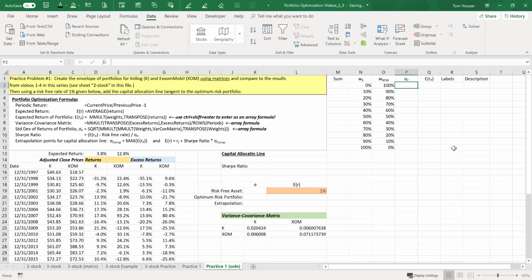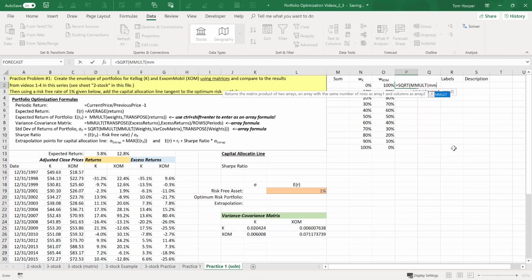The next thing to do is calculate the risk of that portfolio using the square root of matrix multiply of the weights and the variance covariance matrix against the transpose of the weights, and then close out our parentheses and Control Shift Enter.